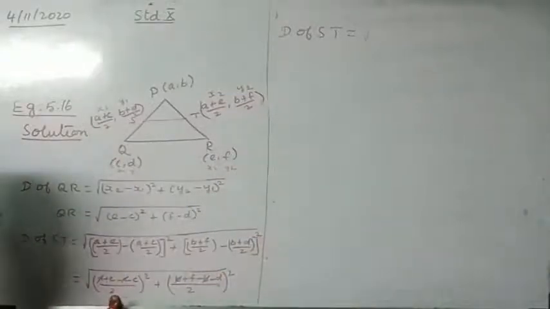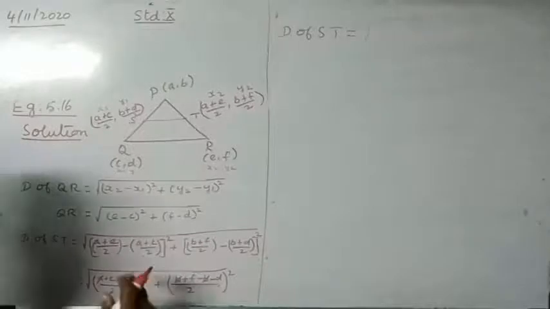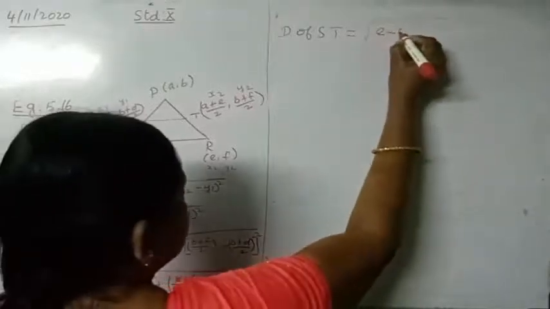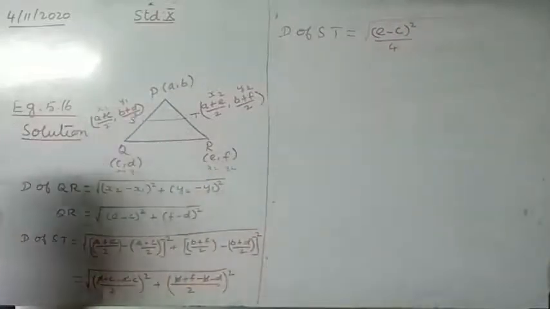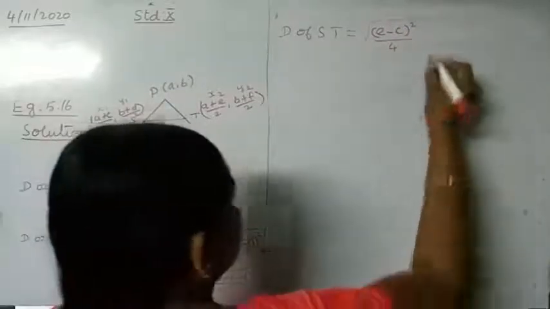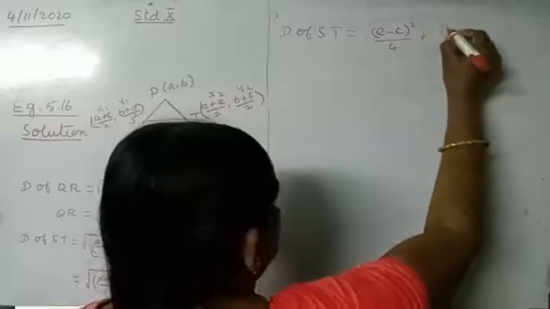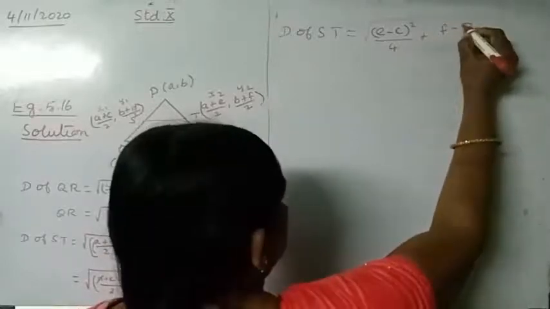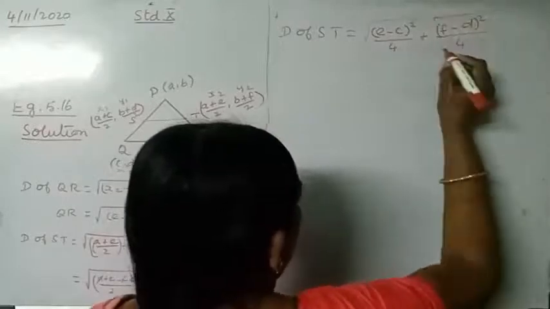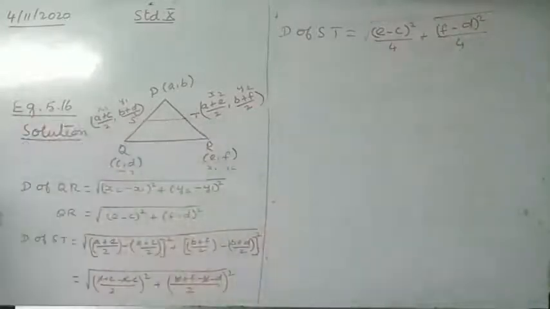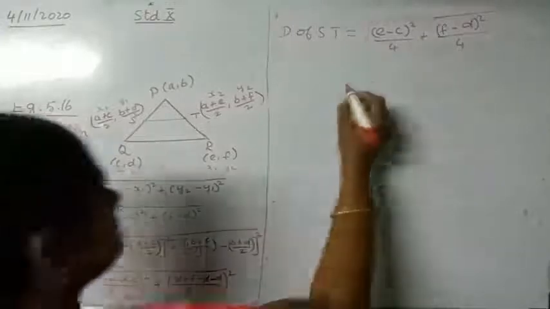e minus c by 2 the whole square, we have to square the 2 also. So e minus c the whole square divide by 2 squared, which is 4. Similarly here, f minus d the whole square divide by 4. Now 4 is common, so let us take out 1 by 4 as common.